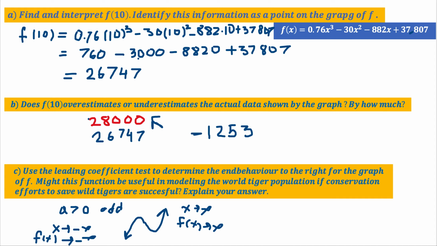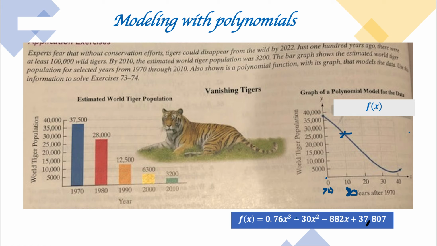This function tends to go to infinity. At any point it's going to go up, to infinity. Maybe for a certain period with a restricted domain of a few years it can be useful, but after 10 or 20 years, it won't be very useful.